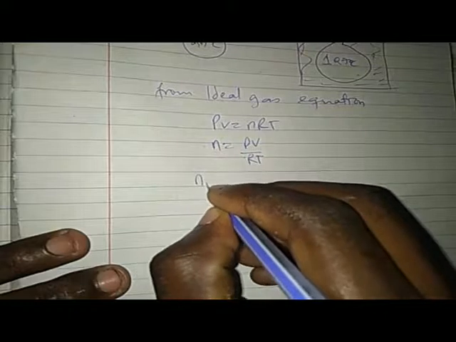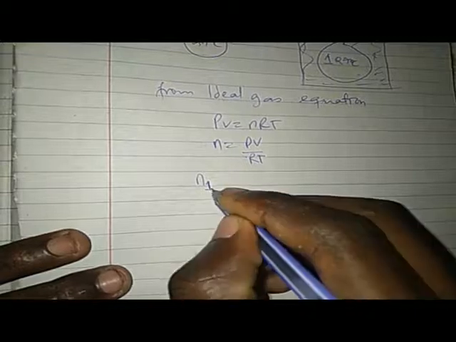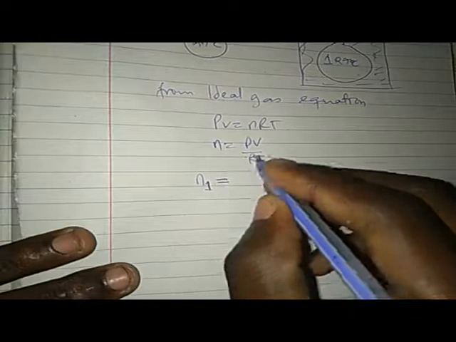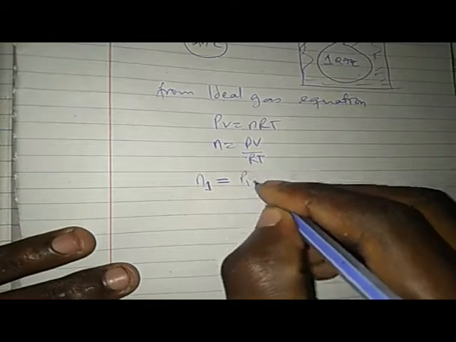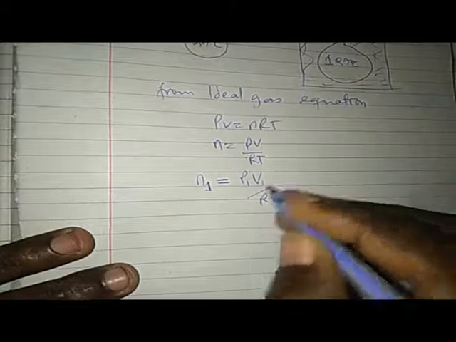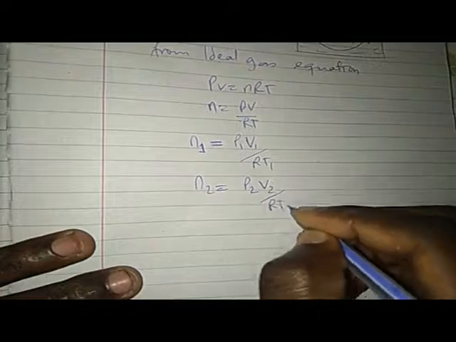However, R is always constant. The number of moles in one flask will be P1 V1 divided by R T1. The number of moles in the second flask will be P2 V2 divided by R T2.